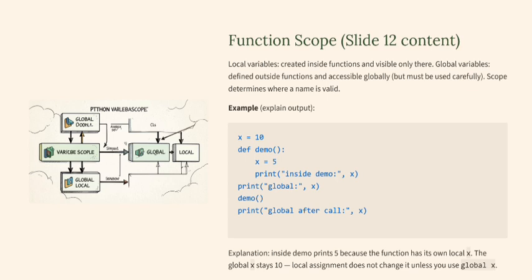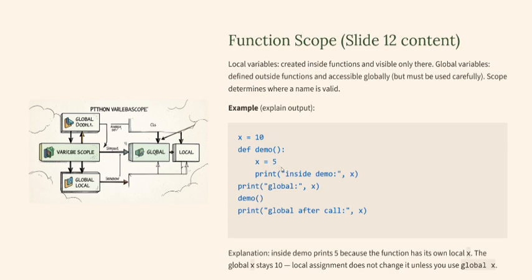A global variable is a variable created outside any function. For example, here you can see x is equal to 10. This variable exists throughout the program. Functions can access global variables. Let's understand with an example. We have x is equal to 10, def demo, x is equal to 5.